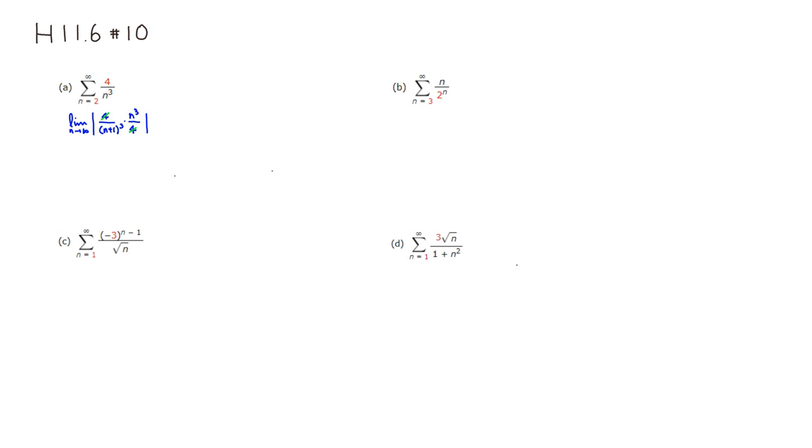Then I'm going to write this as, since they're cubed on top and bottom, I'm going to write the cube once. So this is going to be a limit of (n over n+1) cubed. The absolute value sign is not necessary because everything is positive anyway.